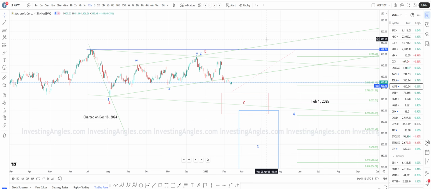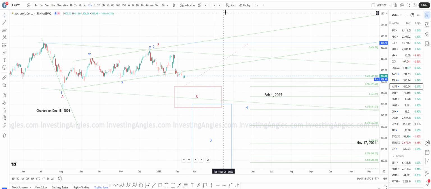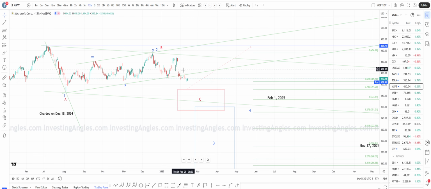And another thing, this is Elliott Wave. What we are seeing here is that Microsoft, after making a very strong move in July, August, potentially forming an impulse, hasn't been able to form a reasonable impulsive wave, and this wave is likely corrective.